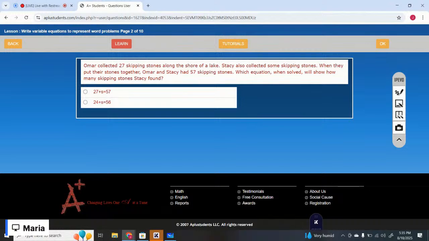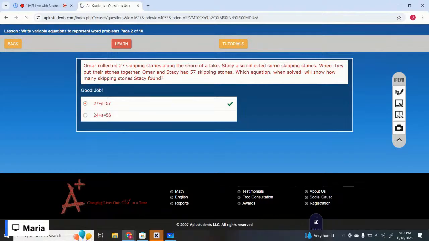That is 27 plus s, because Omar has 27 and Stucky collected s stones, so the total is 57. Option number one is the correct option.